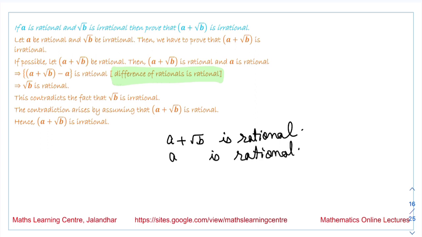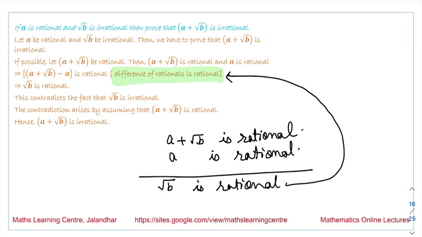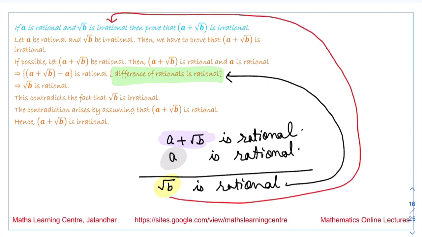So if we subtract both these, we are getting root b is rational. Because of this result we are talking about, that if two numbers are rational, when we are subtracting these two rational numbers, the answer must be a rational number, but it is given that root b is irrational. This contradicts the fact that root b is irrational.